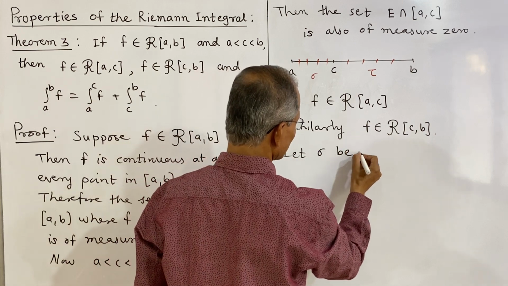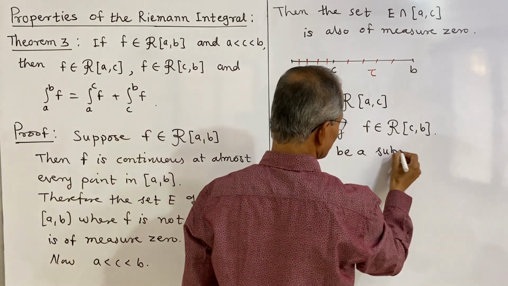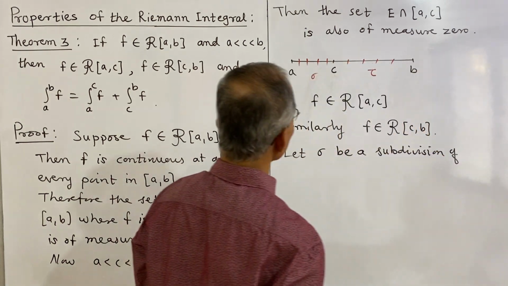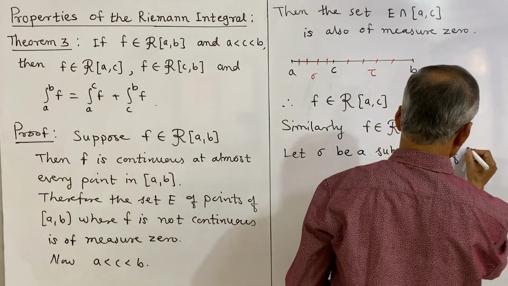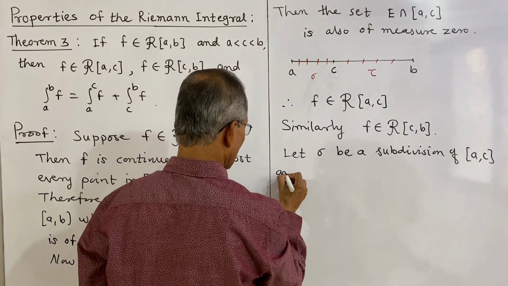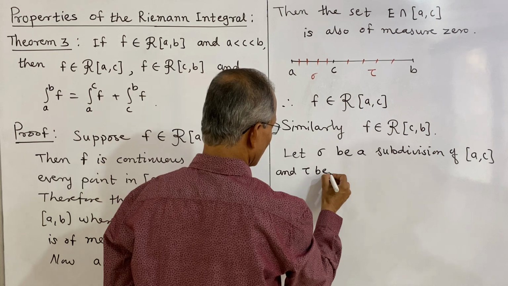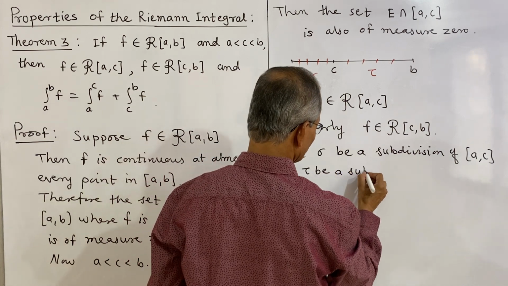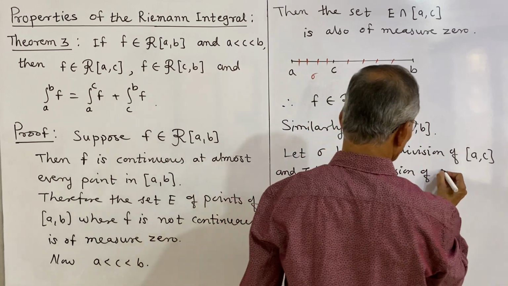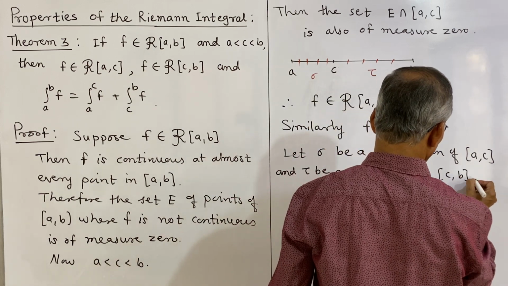Now we can write: let sigma be a subdivision of the interval a to c, and tau be a subdivision of the closed interval c to b.